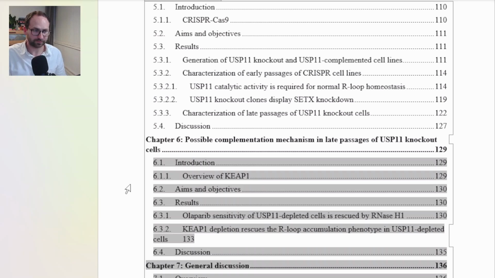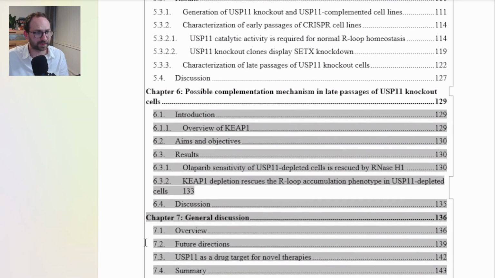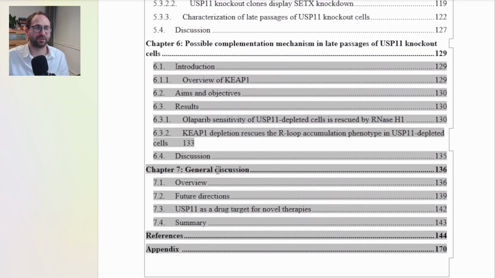But this is where the data from the previous chapter led me. It led me to this protein. So this is why now I discuss this here. This protein is only relevant to the data for this chapter. So I have aims and objectives, I have then results, and I have discussions. I evaluate the data again. And then finally, I have general discussion.